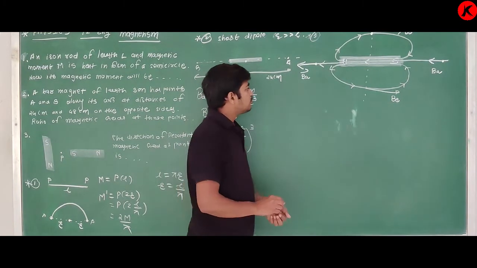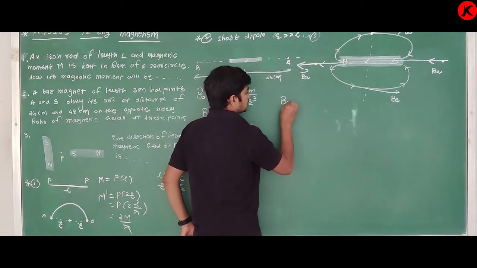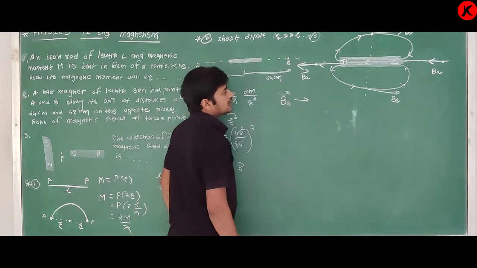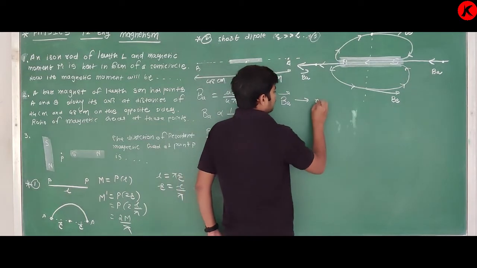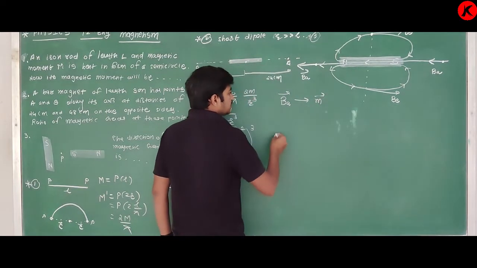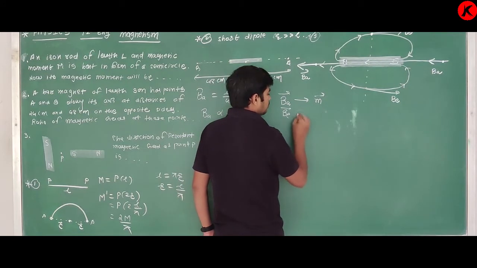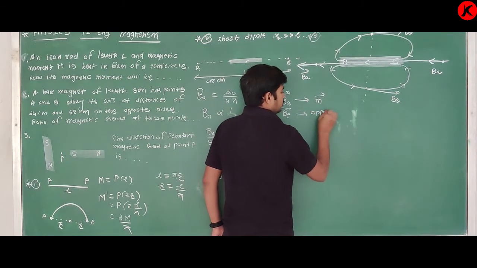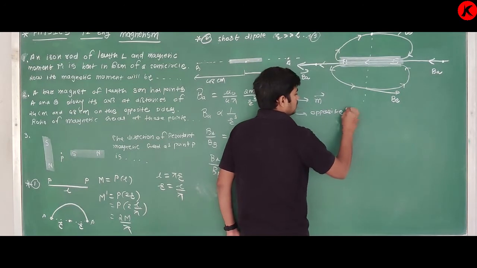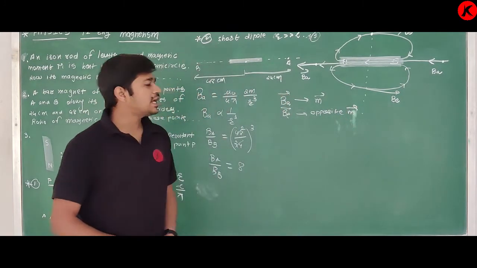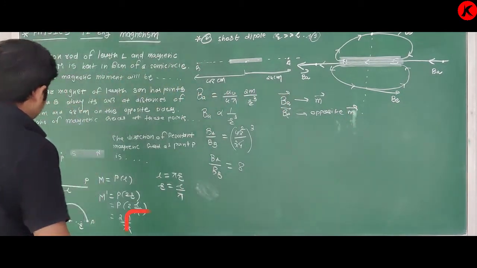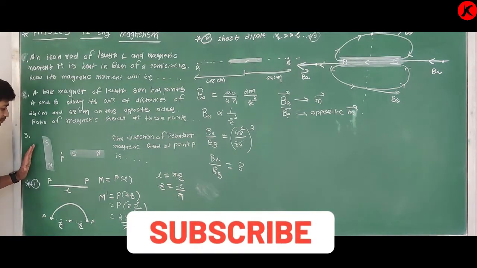See, this magnetic field on the axis, BA, is in the direction of the magnetic moment M. But this BE is in the opposite direction of M. Now, in this case, how do we find the direction of the magnetic field?